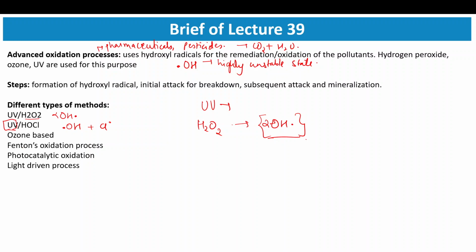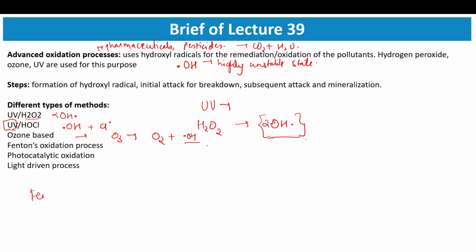So any of these advanced oxidation processes can be used alone, or they can be added up with UV, which will further enhance the efficiency. The third option is the ozone-based oxidation process, where ozone gives you O2 and uses up one molecule of water, and at the end, I am saying not intermediate steps but the end product, you will have hydroxyl radical. So there are different reactions depending on what reagent you are using.